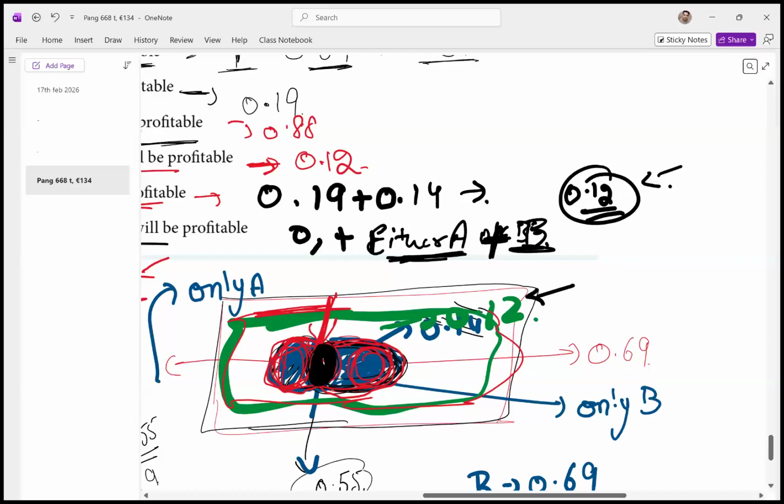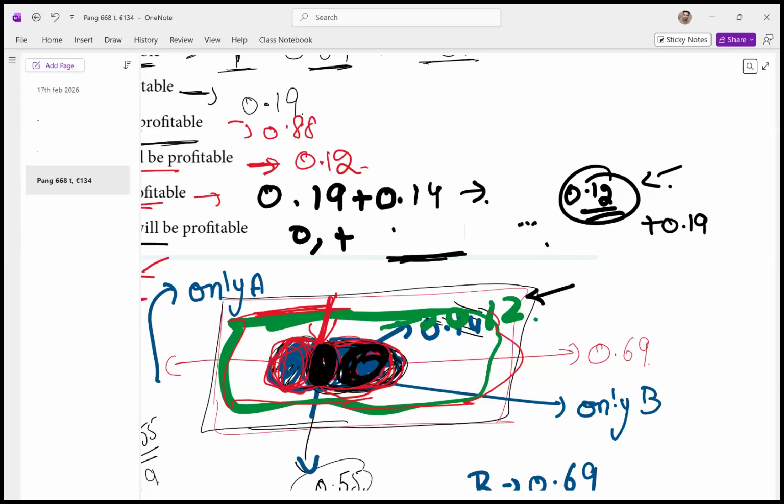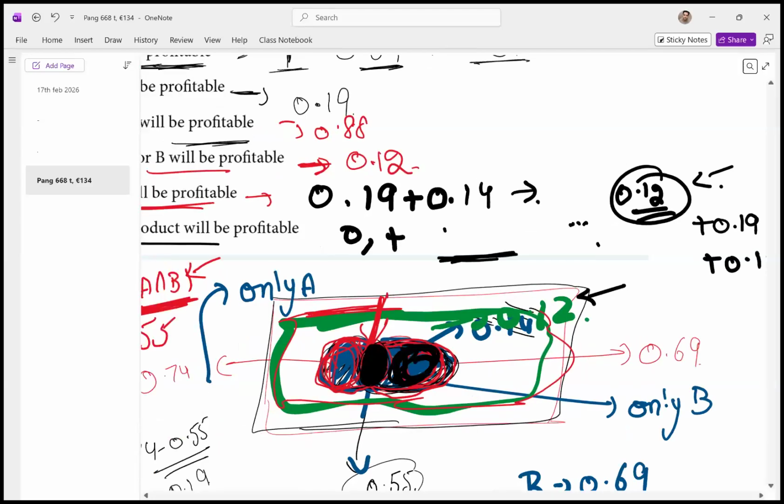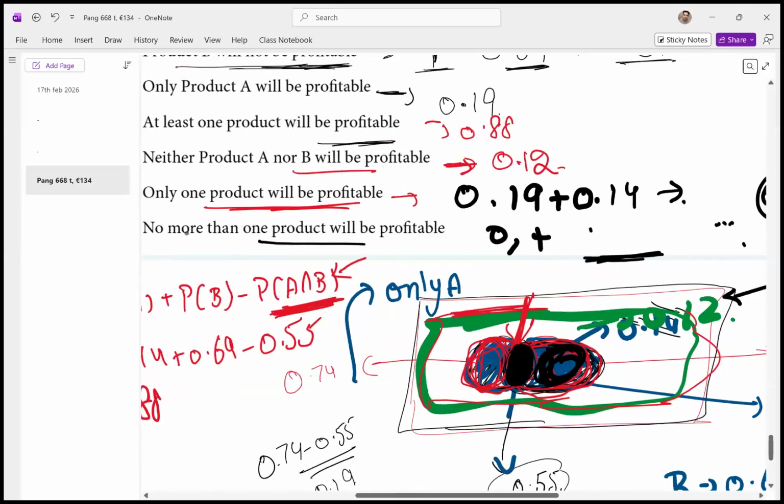And for only product A being profitable, it will be 0.19. And what is the probability that only product B is profitable? Only B is profitable, 0.14. If both are profitable, then two products will be profitable, so then we won't be able to satisfy this, no more than one.